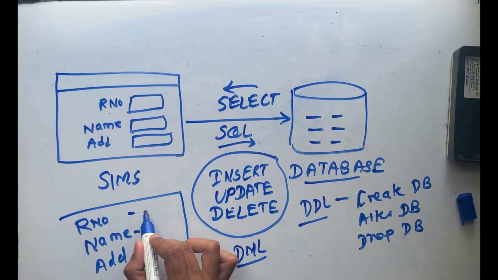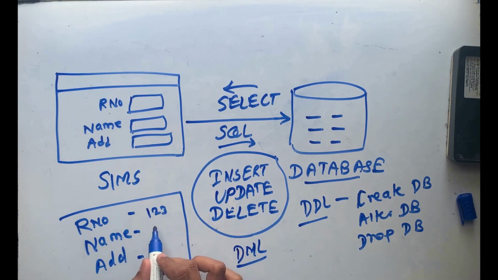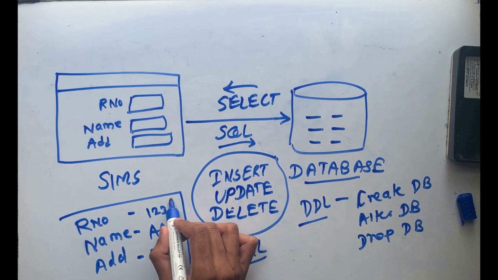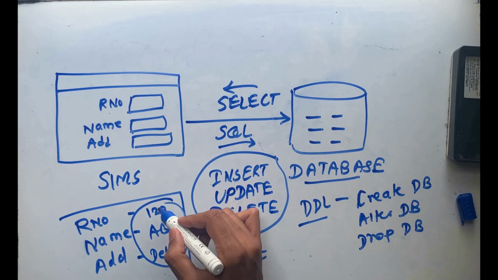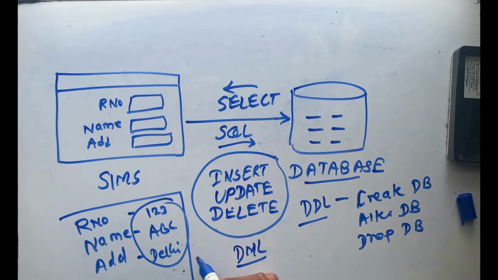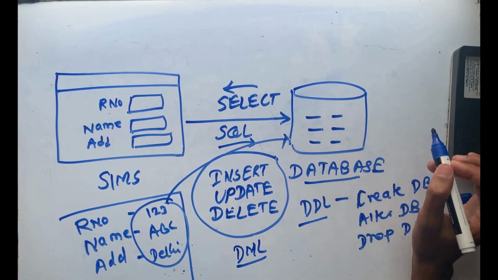A student has a roll number like 1, 2, 3, then the name is ABC, then the address is Delhi. That we can call information or data, and that data is going into the database.